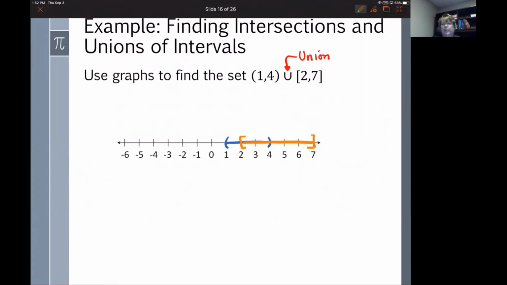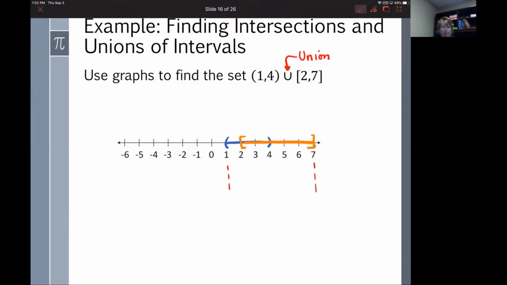All right, what's the union of these two sets? Well, the union is everything. We're going to join the two together. So once we've drawn this, where does our drawing start? Our drawing starts at 1, and our drawing ends at 7.